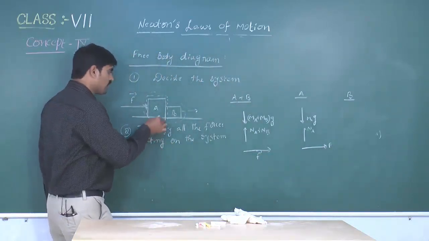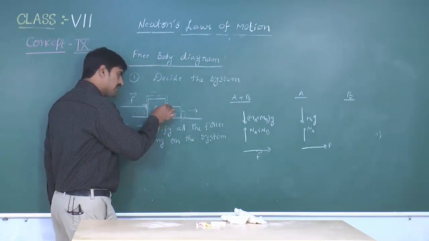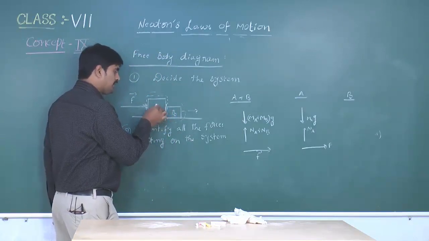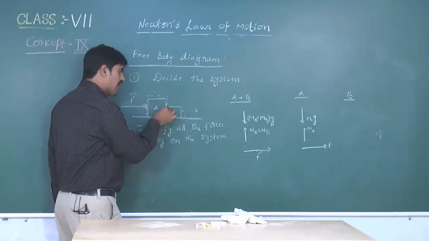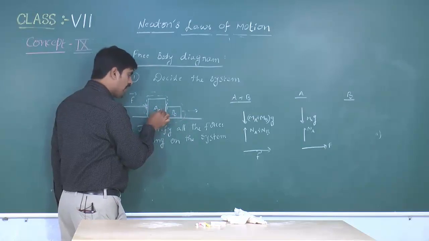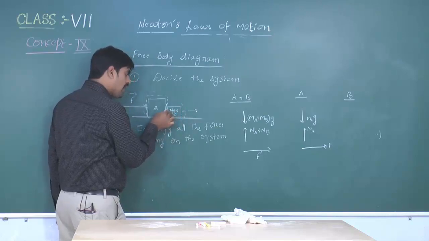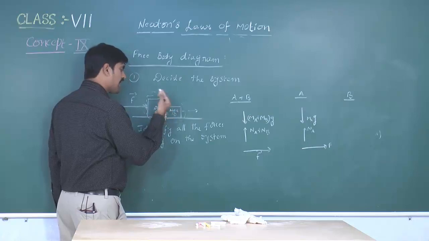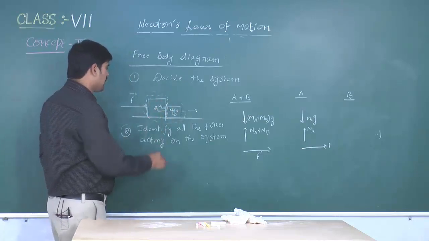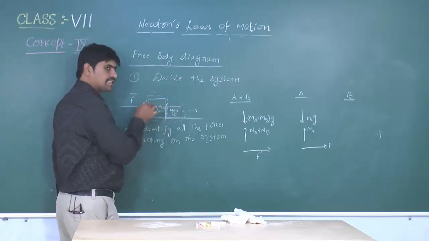What is that force? The two bodies A and B are in contact. There will be a normal reaction developed by the body A on B, and the body B also develops the same equal and opposite force on A. Now we are taking A as a system.